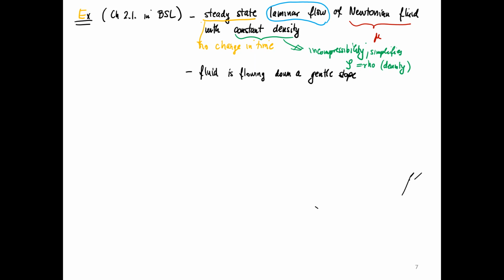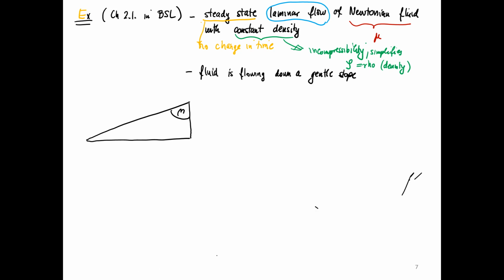I'm going to draw that slope. And I'm not going to draw it very gentle because if I draw it too gentle, it's going to look horizontal. I don't want that. So I'm going to exaggerate that a little bit. But in reality, it's much more gentle than what I'm drawing. And now that I'm at it, the slope is beta.